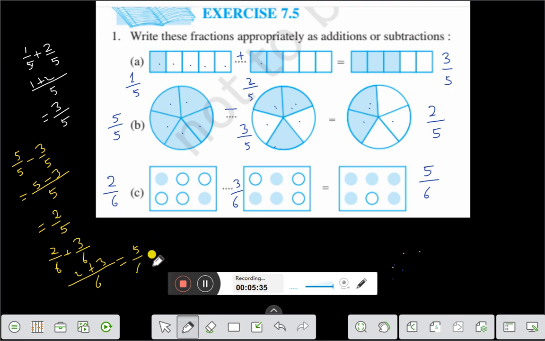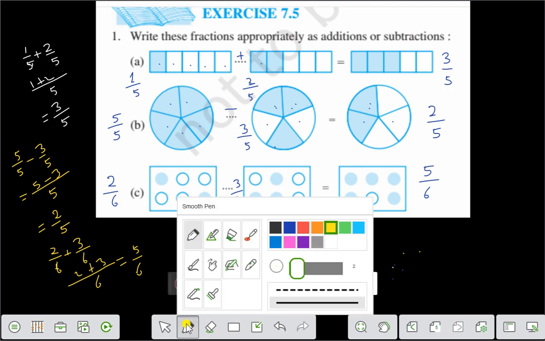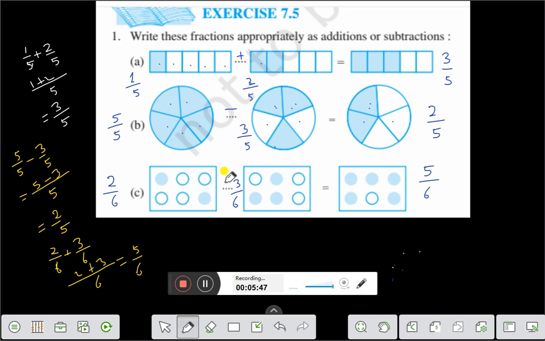Here you see, this one is 5 by 6. The answer is 5 by 6. Therefore, the sign will be plus. In this way, you can find.